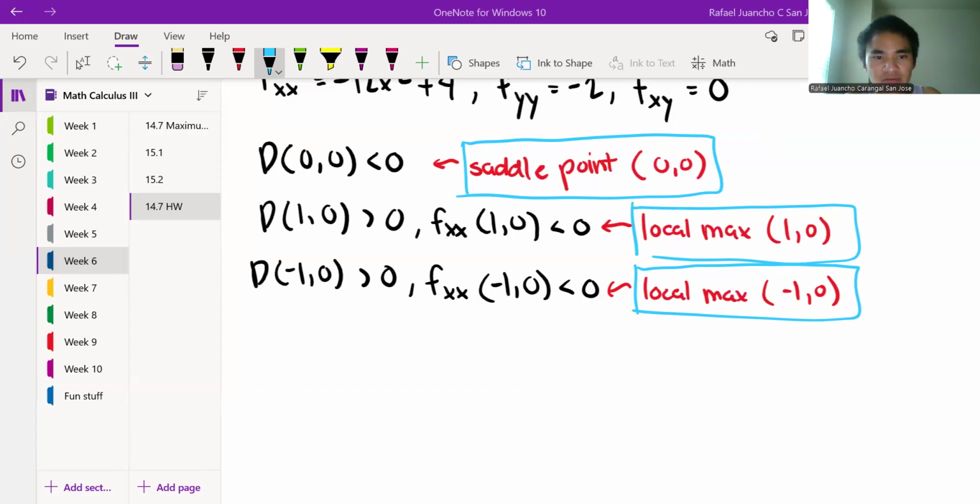What issue is this now? For my local max. Okay, it's correct.